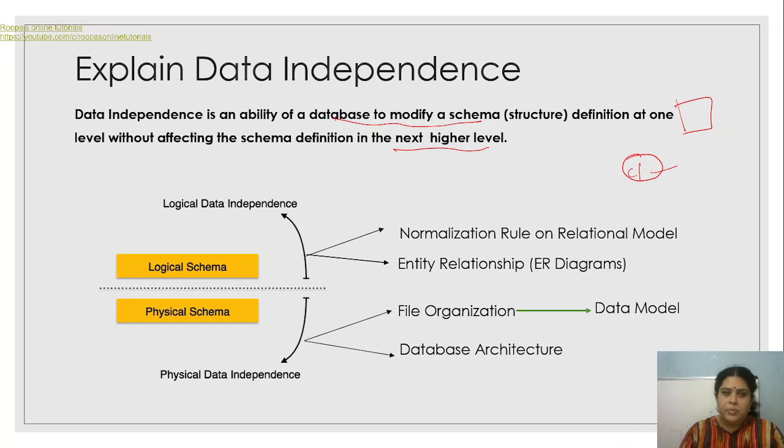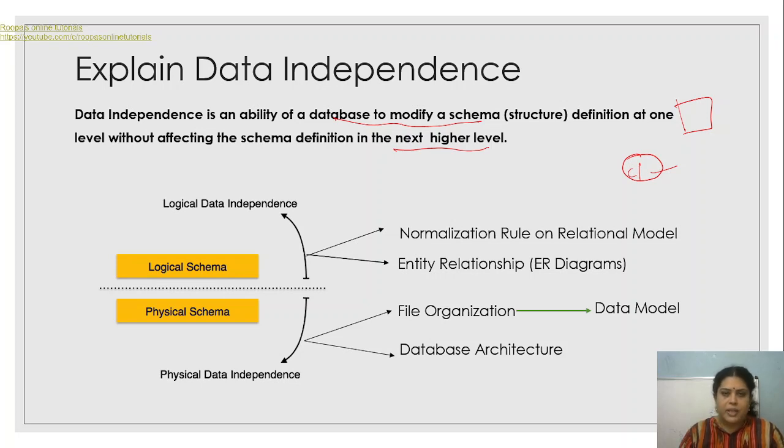Data independence can be achieved on both the logical schema and the physical schema. On the logical schema it is logical data independence, and on the physical schema it is physical data independence. For the logical schema, it is achieved through normalization on the relational model, where our relational model is in the form of tables, rows and columns, and through entity relationship or ER diagrams.